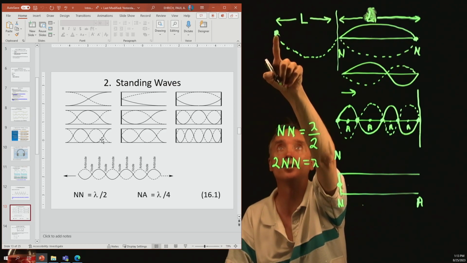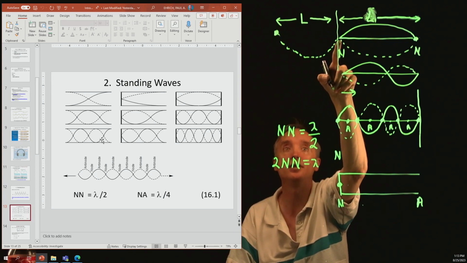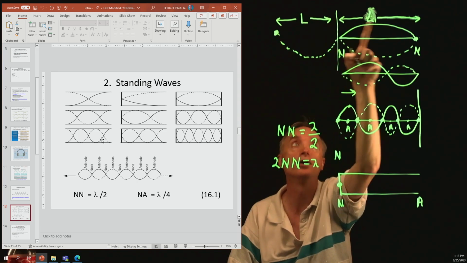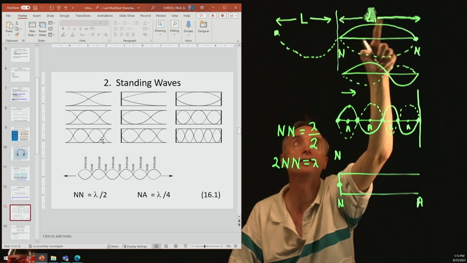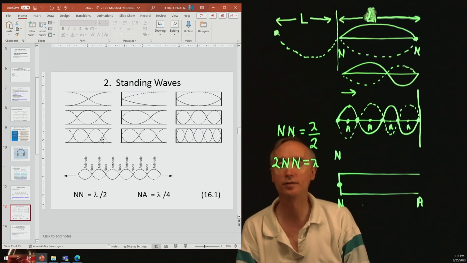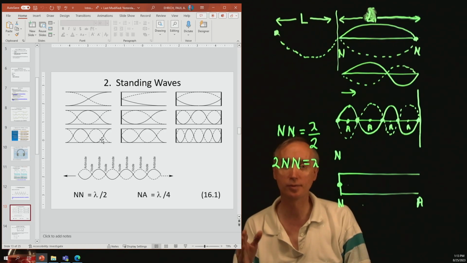So the distance from a node to a node is from here to here. 2 times that distance is from here over to here, and then that is the wavelength. So it's a very simple formula that's going to relate the distance from a node to the wavelength of the wave.